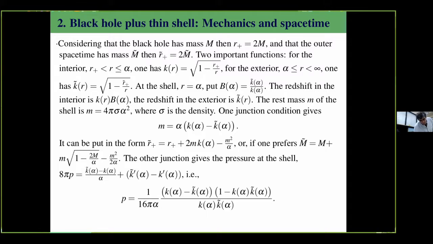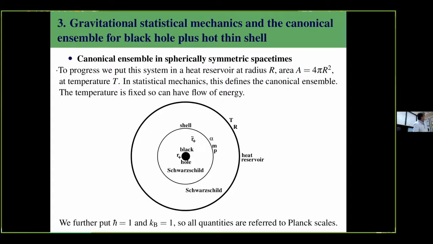And now we want to study and do the gravitational statistical mechanics and the canonical ensemble for a black hole plus hot thin shell. Okay, so we put the system in a heat reservoir of area 4 pi r squared, where r is the areal radius, and at temperature T. And so this defines the heat reservoir, okay?